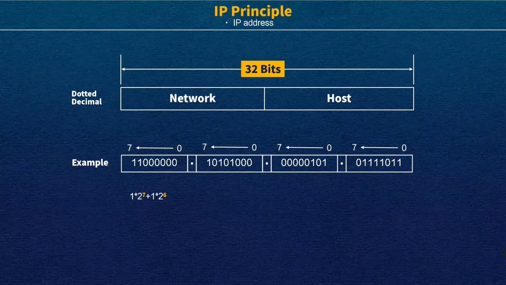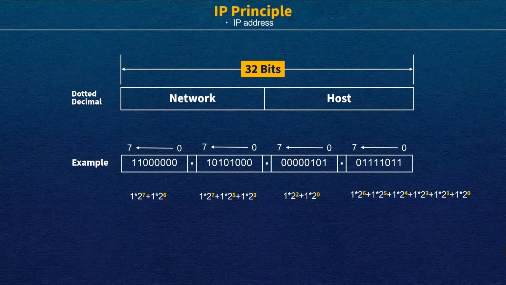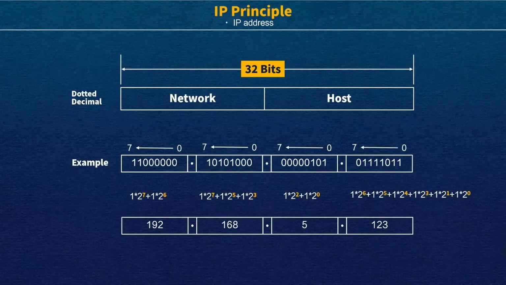And if the value is 0, multiplying everything will become 0, so I directly skip it. So for each part we can use the formula to get the result, and then add them together one by one. The result is 192.168.5.123. So this is an example of how to calculate an IP address and get the result.